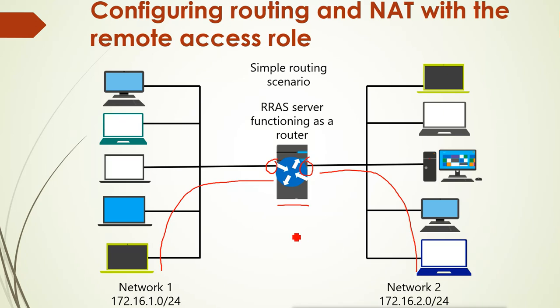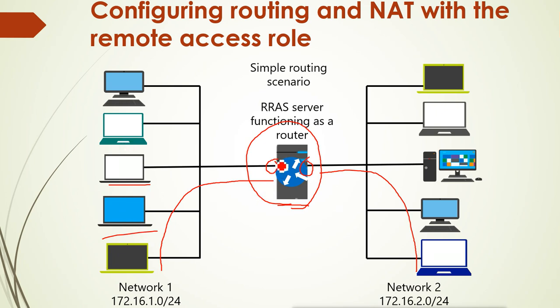Normally these are different networks, so they do not connect to each other directly. So we configure the routing on this routing and remote access server. It will connect those two different networks. For that, on all the machines in these networks, we will configure the gateway of this remote access server.